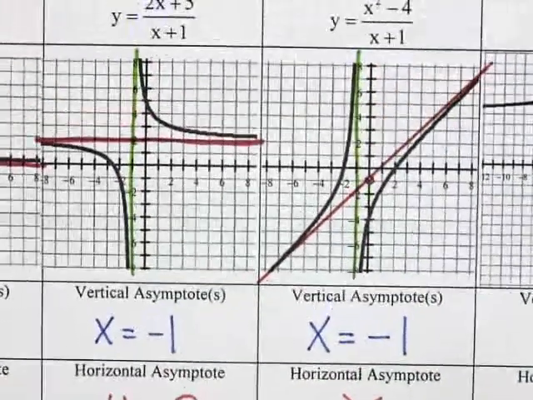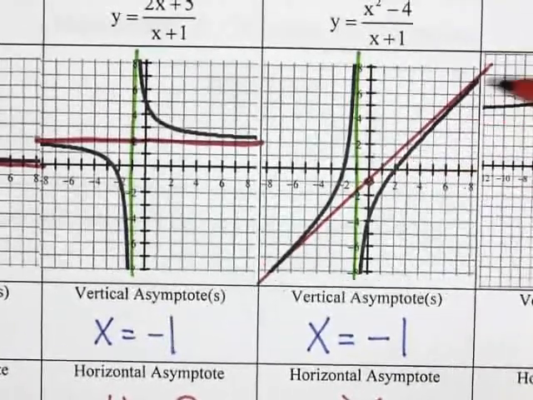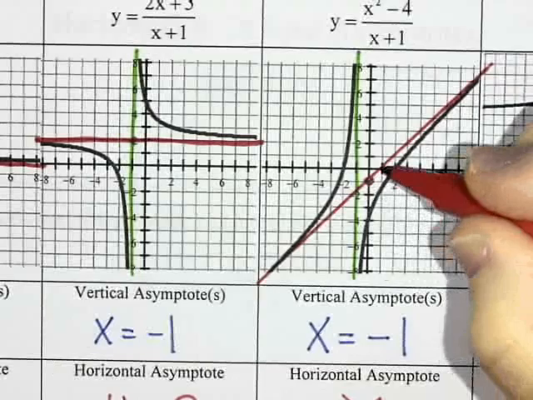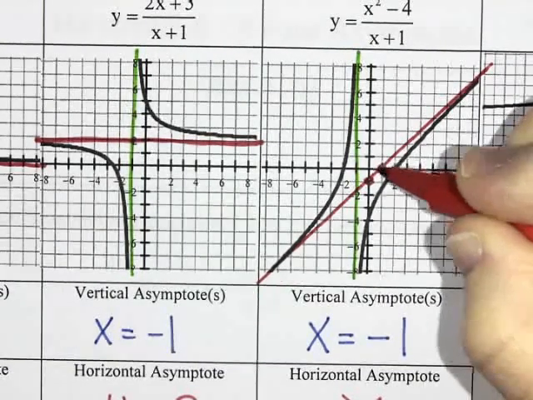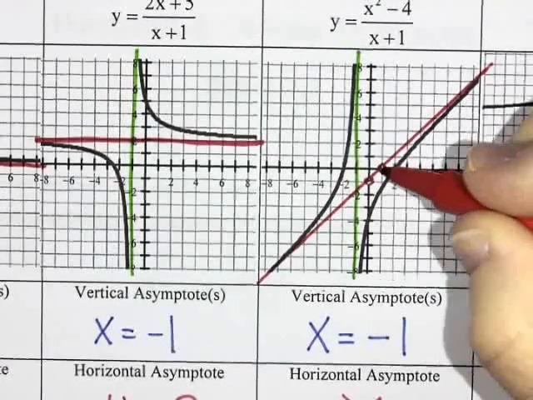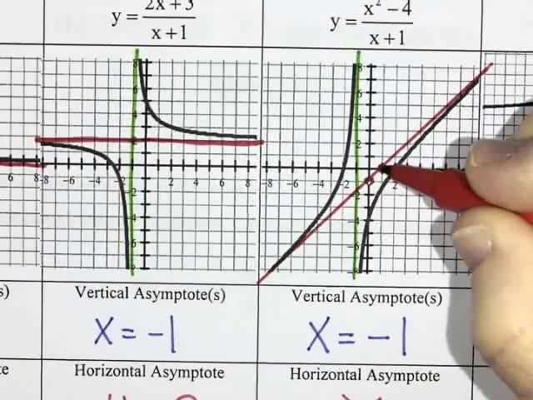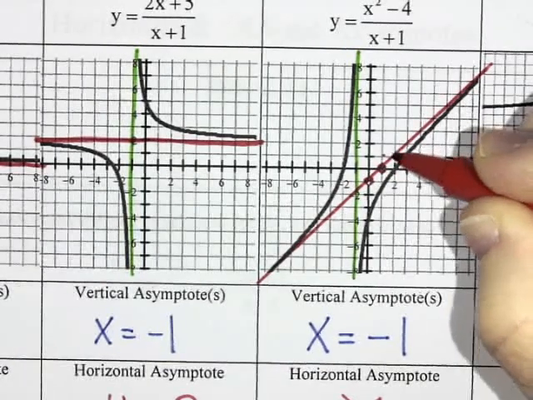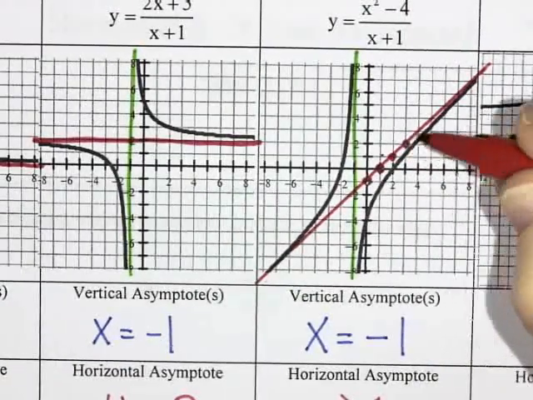Then for the slope, I'm going to follow the line and see how I get from one point to the next. It looks like the next point is here, which means I would be going up 1 over 1. Then I check to see if I'm still on the line if I do that again. Up 1 over 1, that worked. Up 1 over 1, we're still on the line.